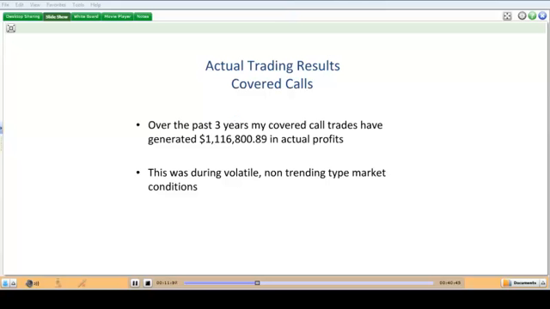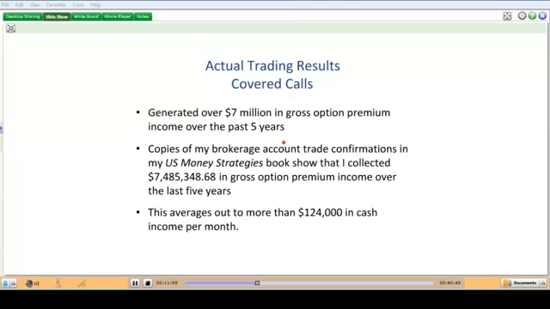And over the past 5 years, I've generated over $7 million in gross option premium income. So in other words, there was $7,485,000 in cash credited to my brokerage accounts, mostly which are retirement accounts, using this covered call strategy.